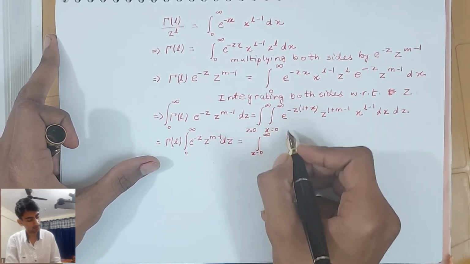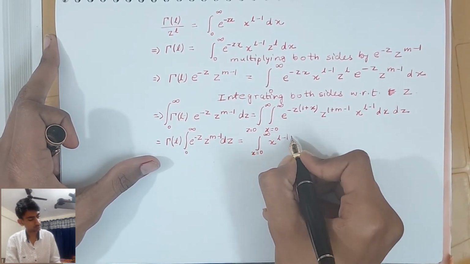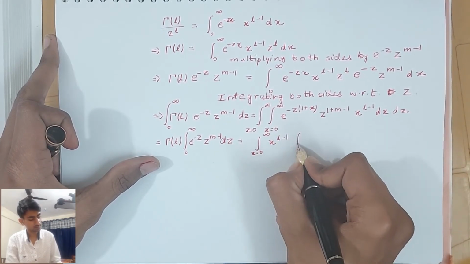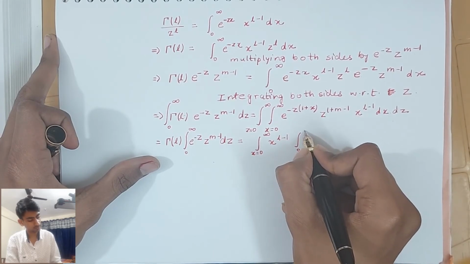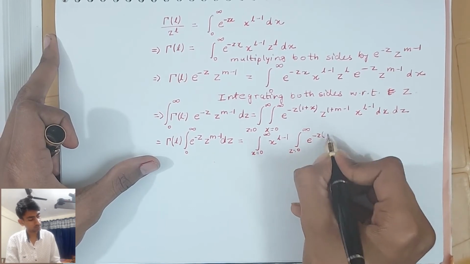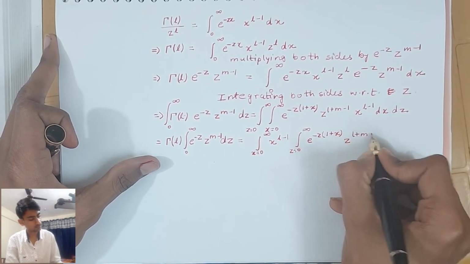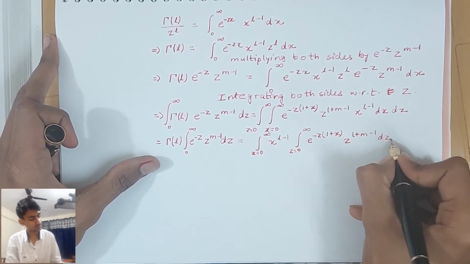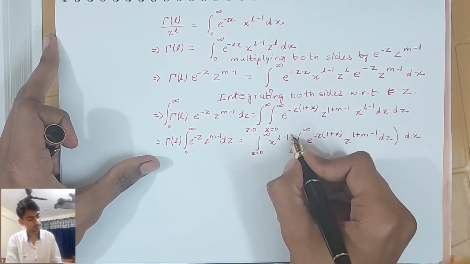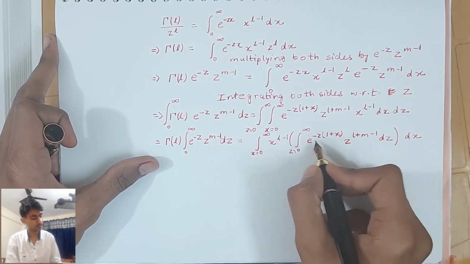For this part, I can write x to the power L minus 1 outside the dz integral, since it is independent of z, and write inside the integral from 0 to infinity for z, e to the power minus z times 1 plus x, z to the power L plus m minus 1 dz, and then the whole dx. So I can integrate this part separately, since the rest of it doesn't depend on z.